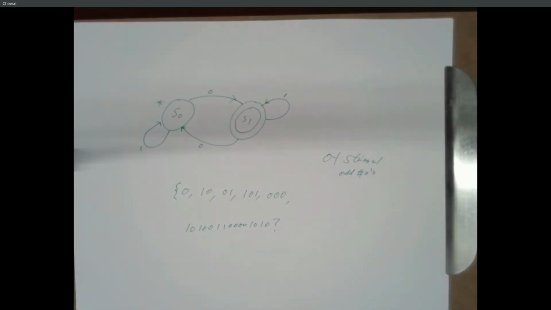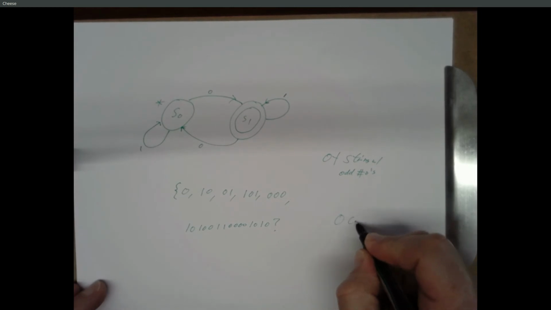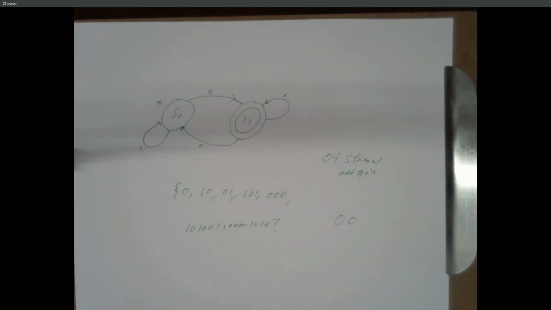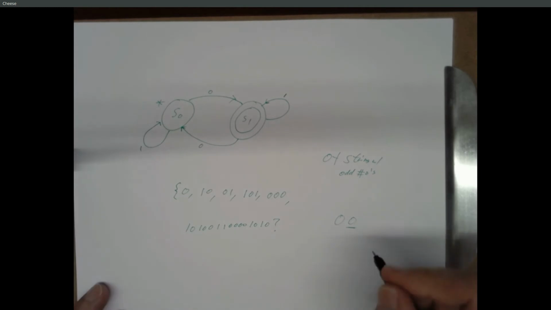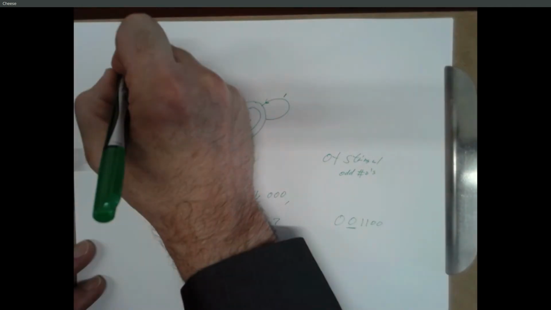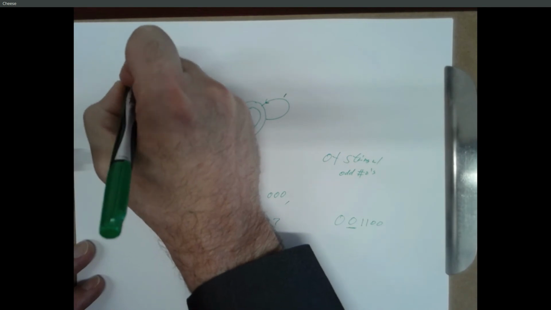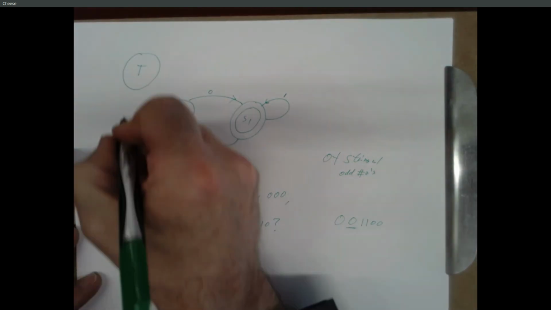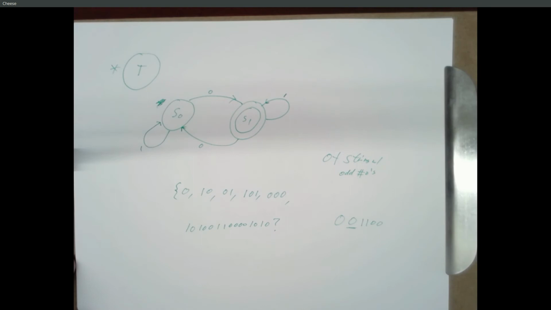Doesn't have to. So I'd be fine with that, because that's a 0 followed by a string with an odd number of zeros. Yeah, so we can start piecing these together. So let's change our initial state. We'll call it T, and we'll make that our initial state.